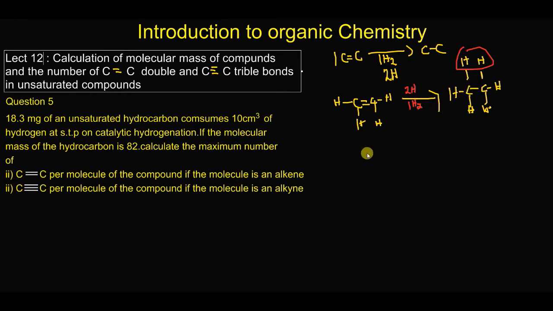So it depends. If you have two double bonds within a particular compound, then you should expect that you require two atoms here and another two atoms here.